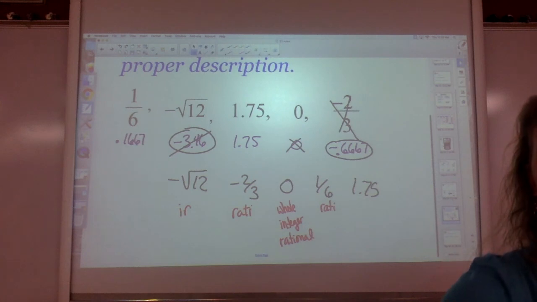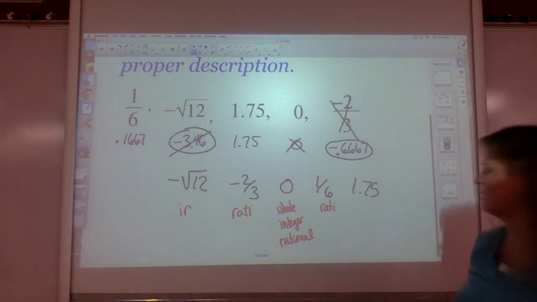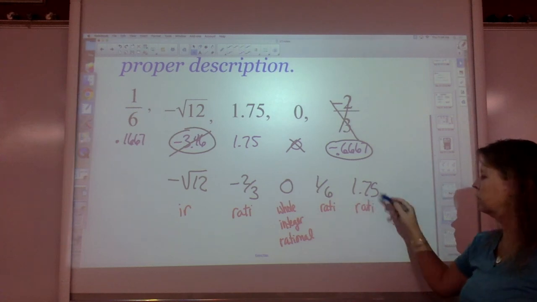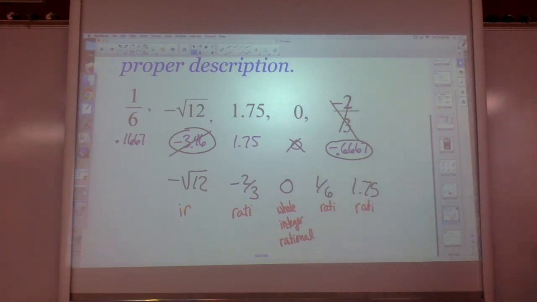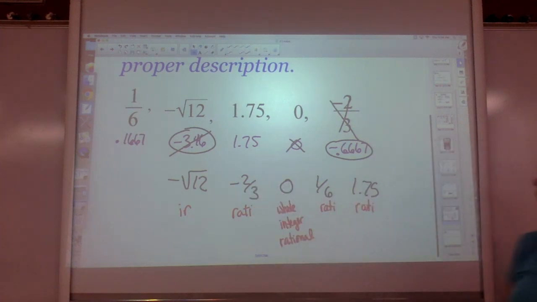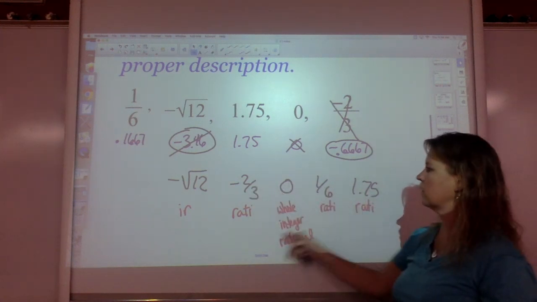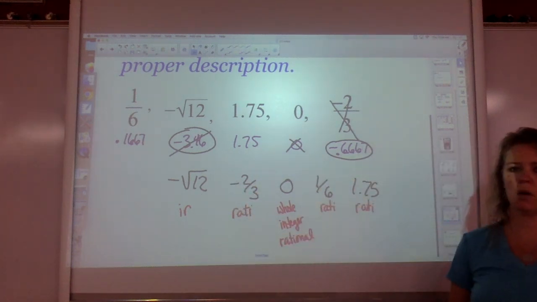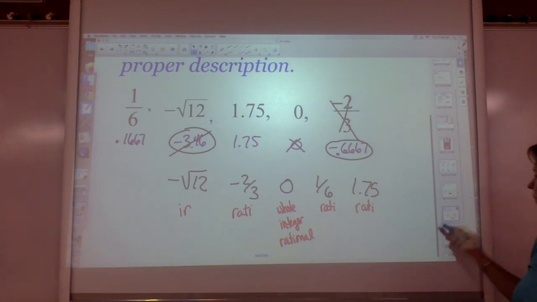You don't put integer for negative 2/3 just because it's negative. Integers have to be whole. And here is one more rational at 1.75. If it repeats, it's rational. If it terminates, it's rational. If it doesn't do either one, it's irrational. And 0 can be whole, integer, and rational.